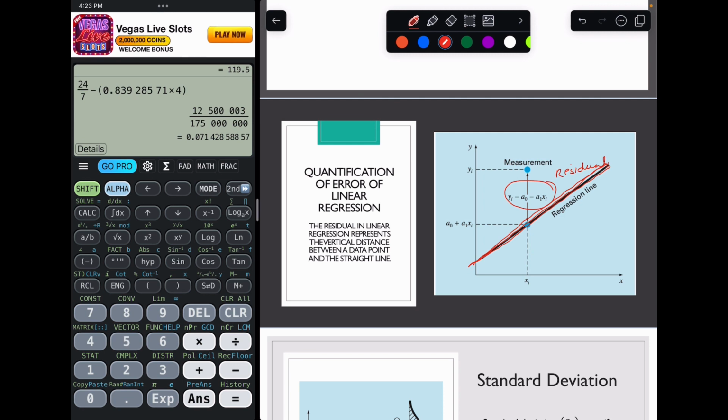The closer the data points are to the regression line, the more accurate our best fit line. But the farther away our data points are from the regression line, the more the error increases.